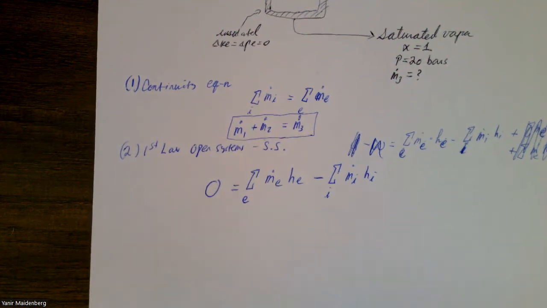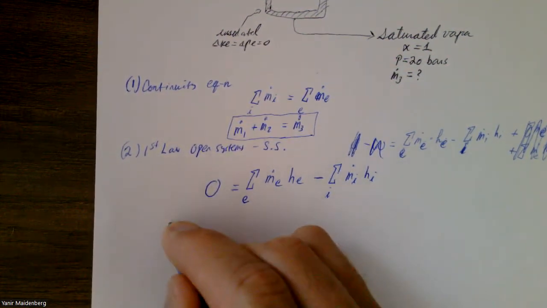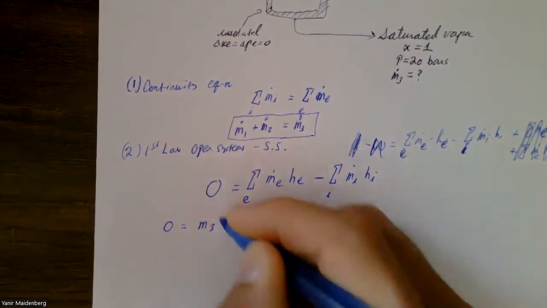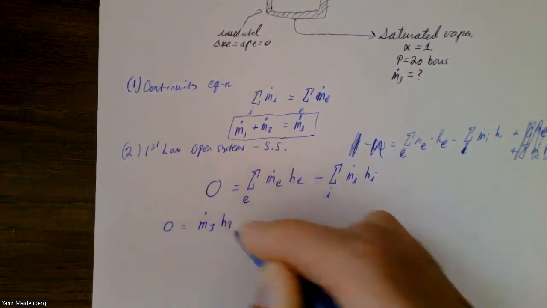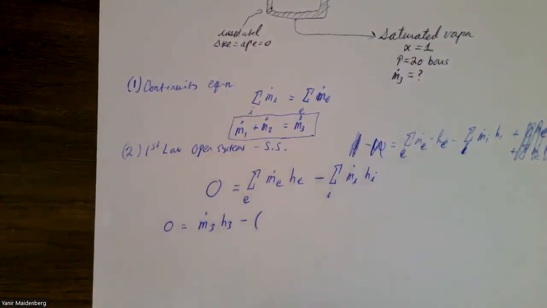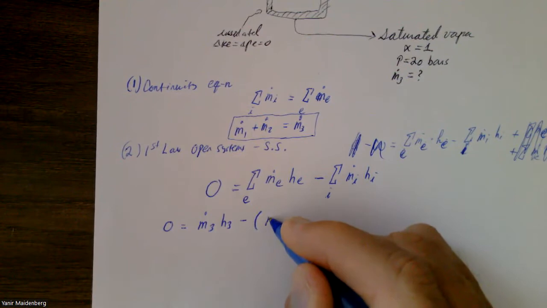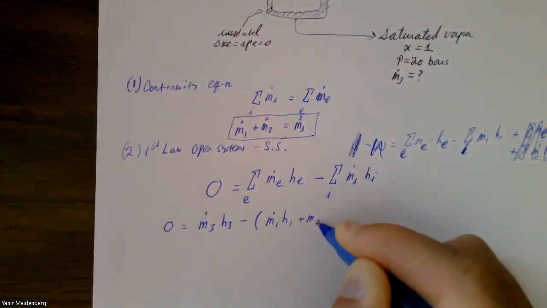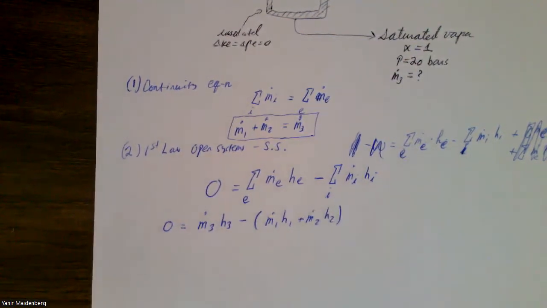So let's apply that. From the first law, we get that 0 is equal to M3 dot H3 minus the sum of what's coming in, M1 dot H1 plus M2 dot H2. That's really it.